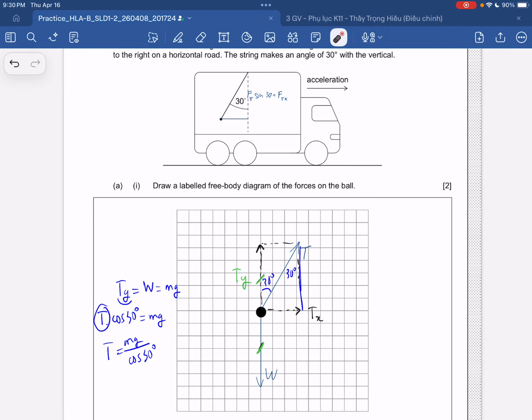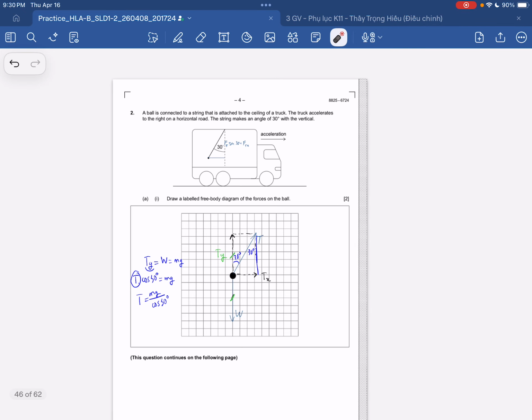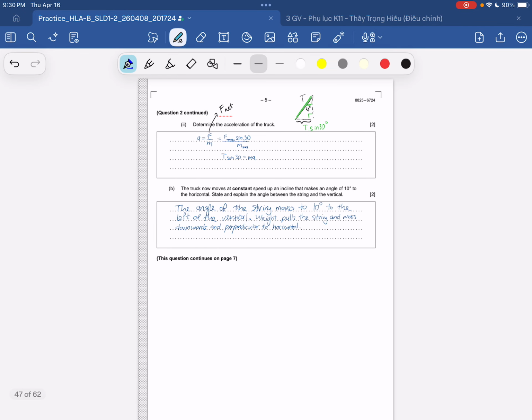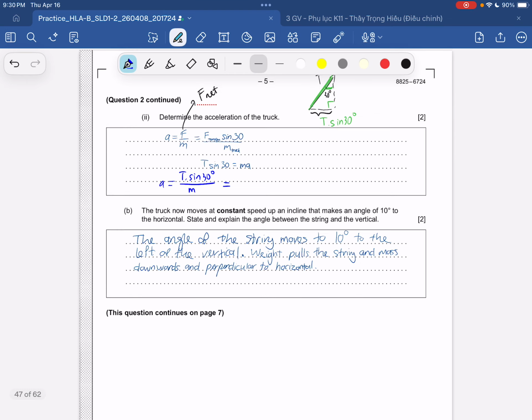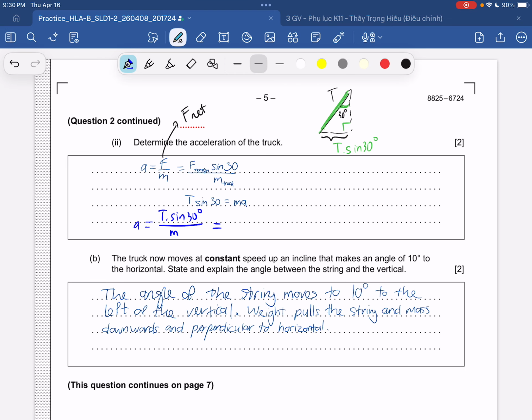So if you just plug it back in, you can find the a here equals the tension times sin 30 degrees over the mass of the truck, but the tension itself equals mg over cosine 30, times sin 30, over the m.